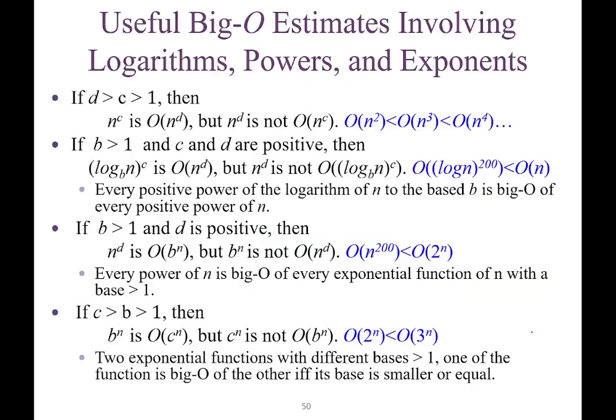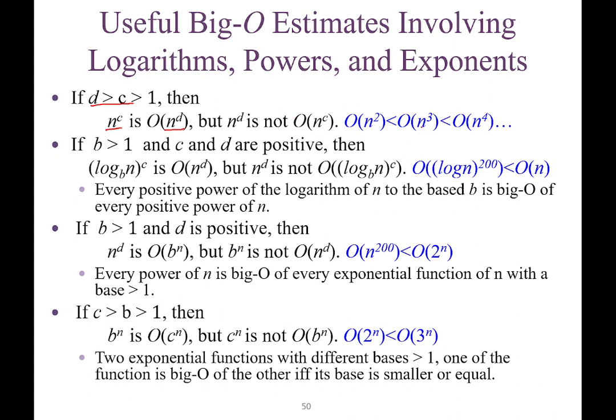Next, let's see more details about these different categories of functions. In the first case, we consider the polynomials n to the power of c and n to the power of d. When d is larger than c, then n to the power of c is big O of n to the power of d.